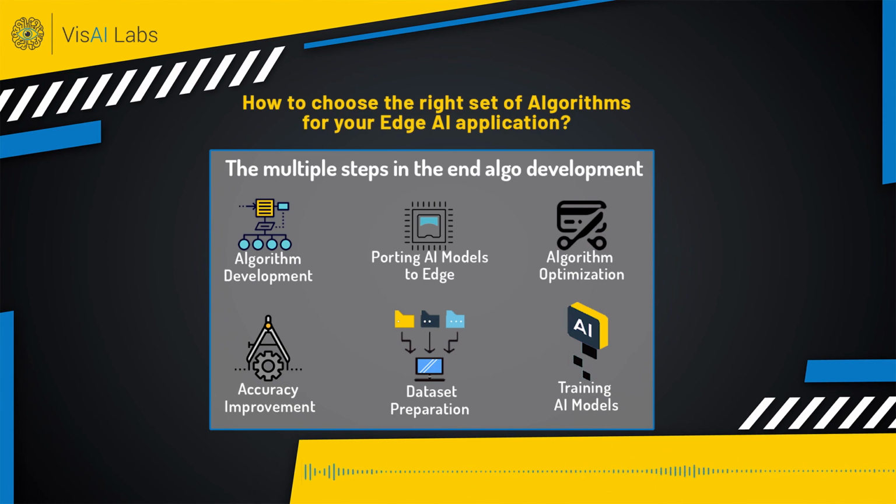In case of object recognition models, we have metrics such as mAP, mean average precision, and in case of classification models, we employ metrics such as top-1 or top-5 to see if a model is performing to the level of accuracy that is required for a particular use case.